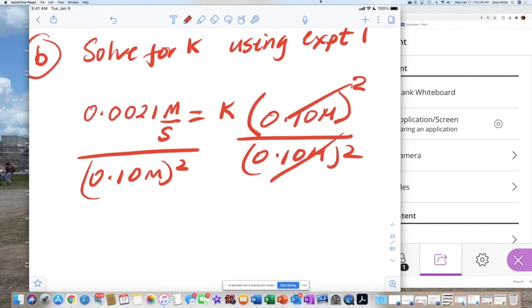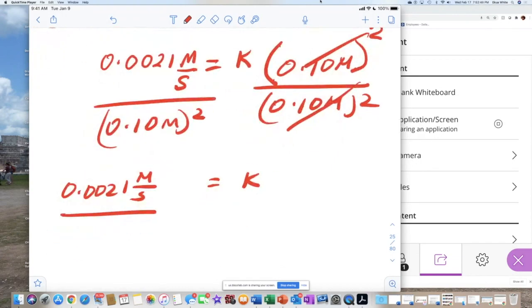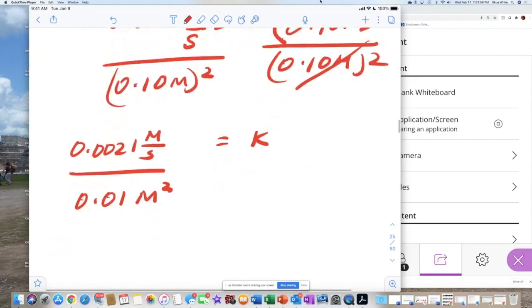Okay, so this cancels out, so we're left with K. So this is going to be 0.0021 molar per second. Let me square the bottom part. 0.1 squared gives us 0.01, and then the unit becomes molar squared, right? Don't forget you're squaring the unit and the number.